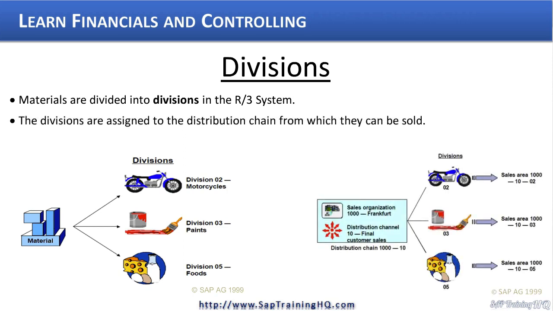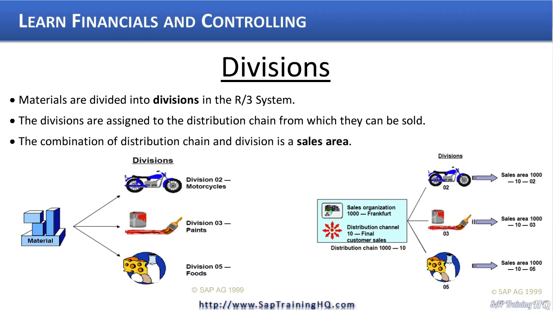The divisions are assigned to the distribution chain from which they are sold. The combination of distribution chain and division is a sales area. Customer-specific arrangements, for example, partial deliveries or terms of payments, can be made for each sales area. This allows for statistics to be created and separate marketing activities to be carried out within a sales area.